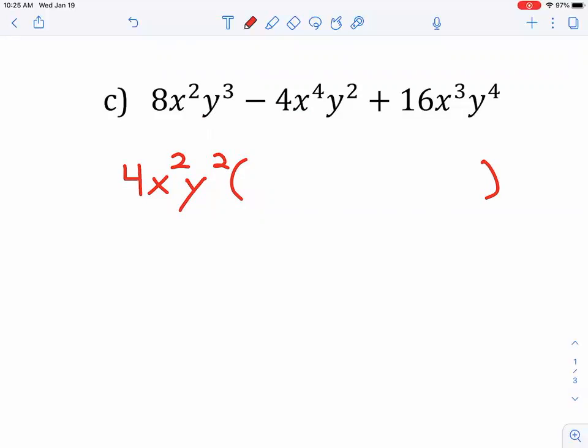So we're pulling a 4x squared y squared out. So for that first term, if I take a 4 out of 8, I'm left with 2. And I took x squared away from x squared, so I don't need anything because I have my 2 there. And if I take y squared out of y, I would need 1y.